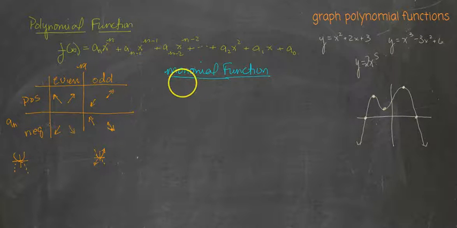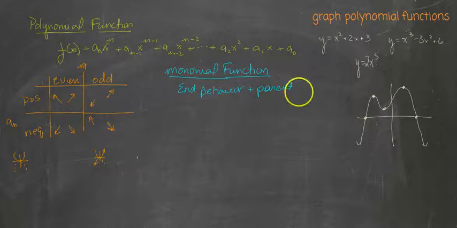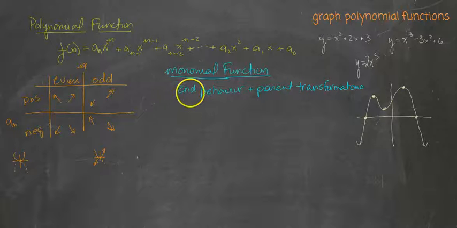So we have end behavior plus parent transformations, I should say transformations, because transformations includes both translations and dilations. So for a monomial function, that's enough.